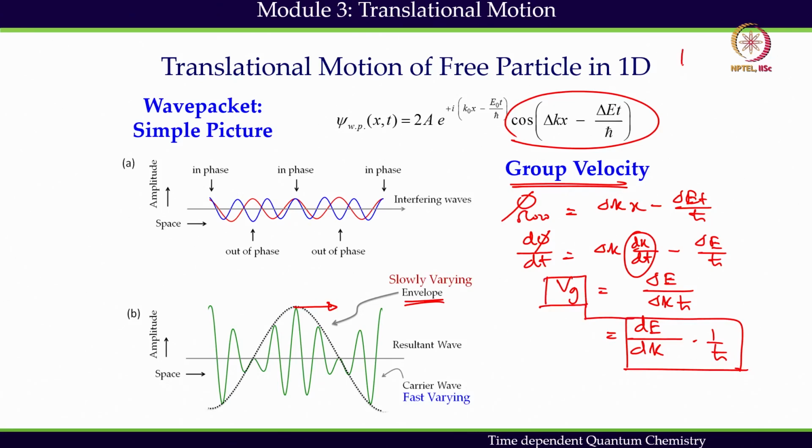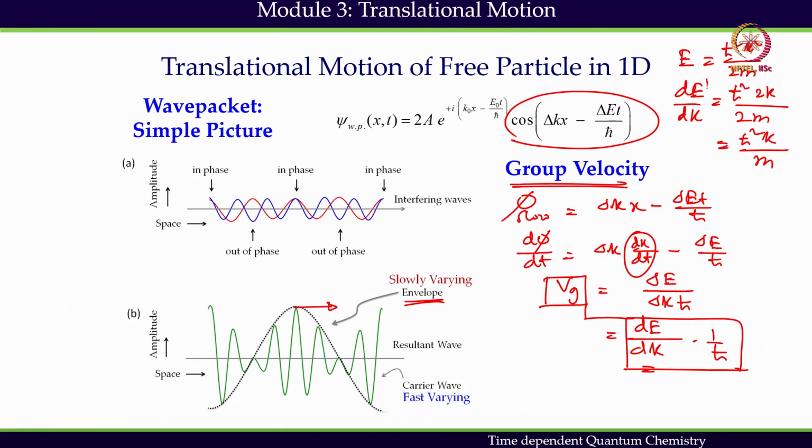So we know the equation E as h cut square k square by 2m. We can take the first derivative of E with respect to k, because here I have to plug that in. If I do that, then h cut square 2k by 2m, which is nothing but h cut square k by m.